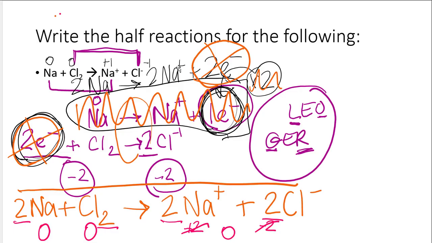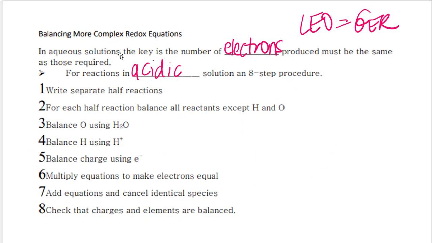When we look back to this example, initially when I had one sodium and one sodium ion, we had one electron produced, that was our LEO, but it did not equal our GER, our two gained electrons, to equal that 2 minus on the right. We needed 2 minus on the left. Because those did not equal one another, I needed to make LEO equal GER and multiply everything times 2. So the key is LEO needs to equal GER.